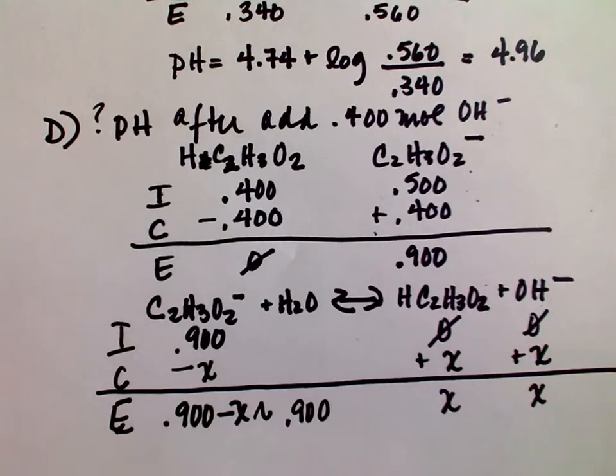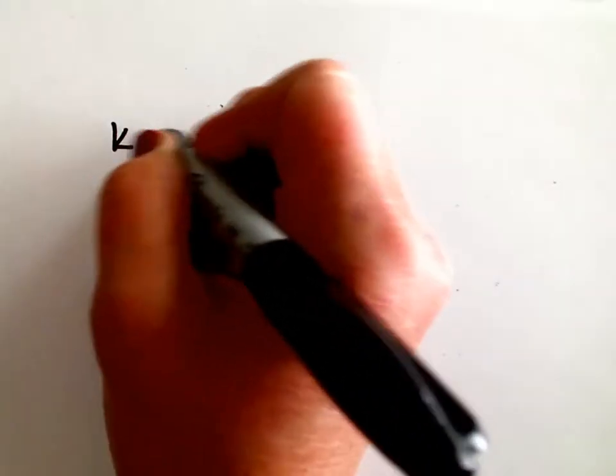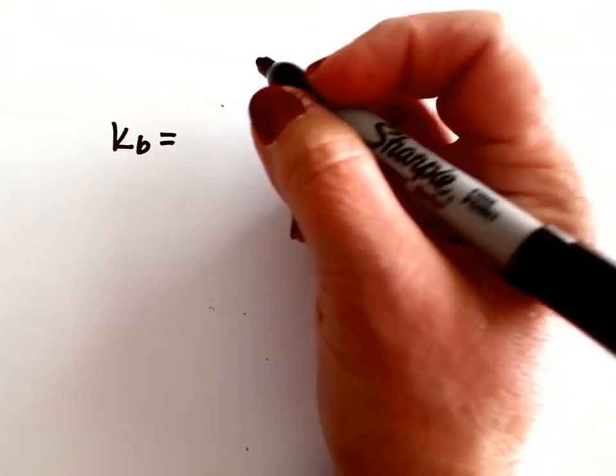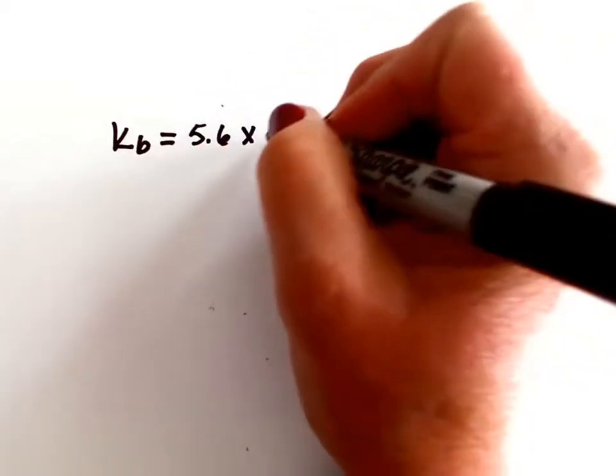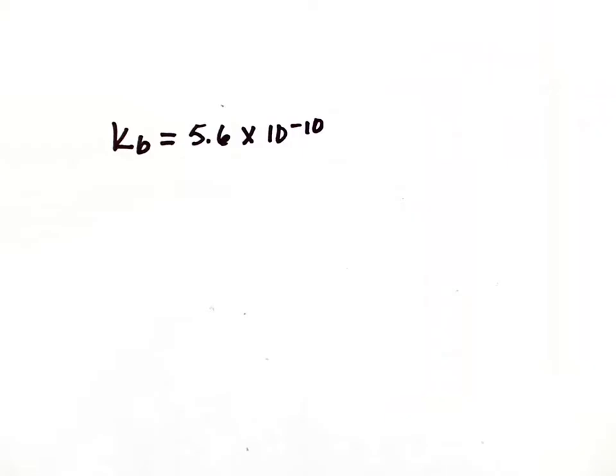Okay. And I've looked up the Kb for acetate, and it is 5.6 times 10 to the negative 10. Okay.